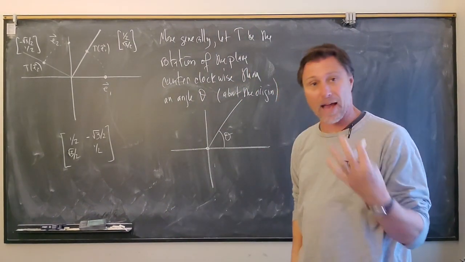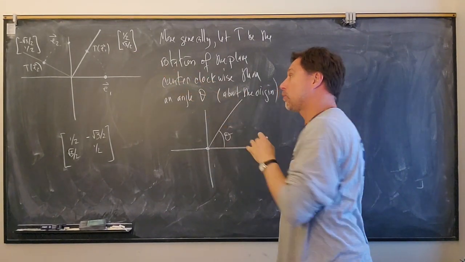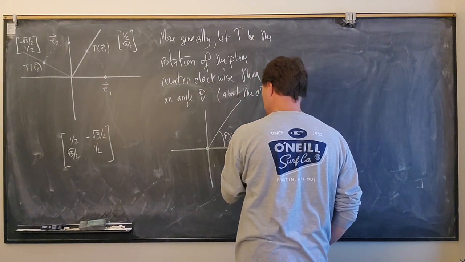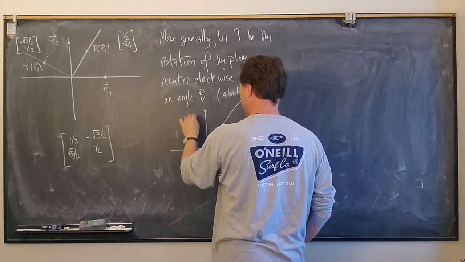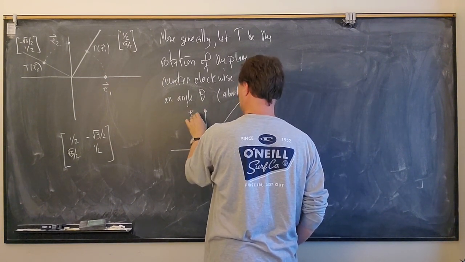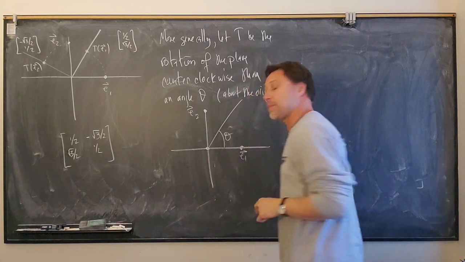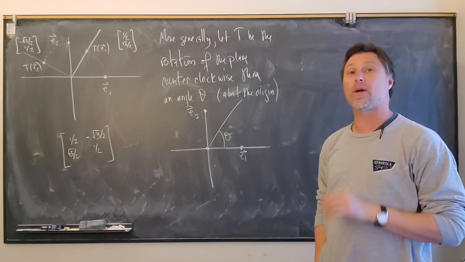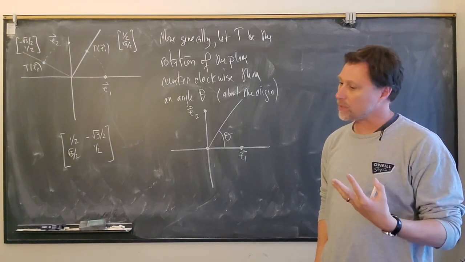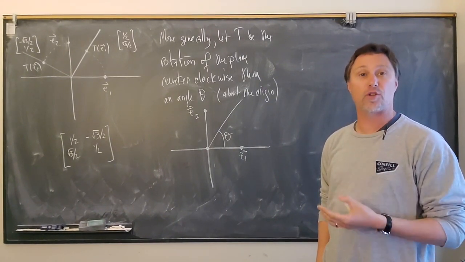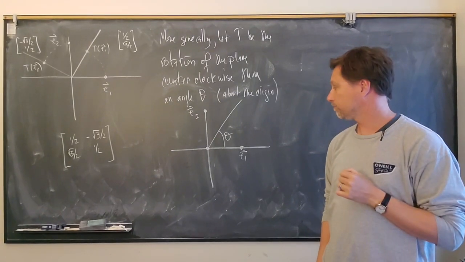We're going to do it exactly the same way as we did this specific problem right here. What we want to do is figure out, identify what happens to the standard basis vectors. So if we know what T of E1 and T of E2 are, that tells us everything we need to know. We can write down the matrix for that transformation.